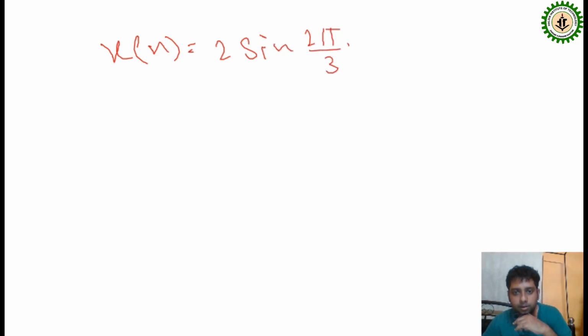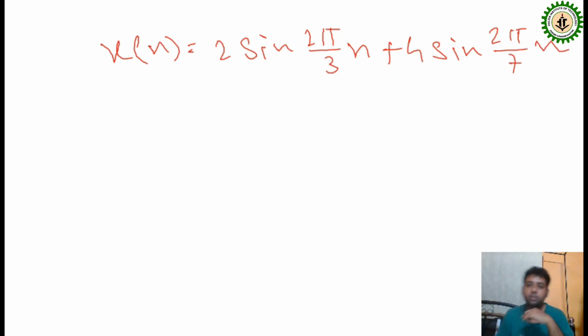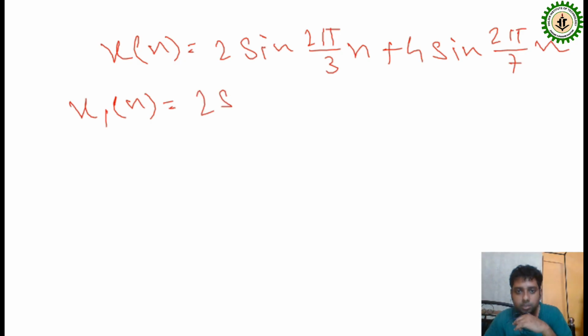That is x[n] is equal to 2 sin(2 pi by 3 n) plus 4 sin(2 pi by 7 n). Now check whether this signal is periodic or not, and if periodic, find the fundamental period of the overall signal. For doing that, suppose we consider x1[n] is equal to 2 sin(2 pi by 3 n).